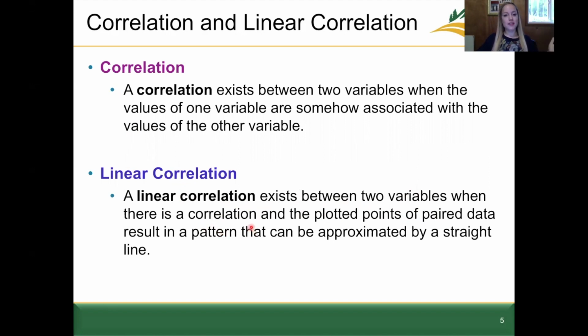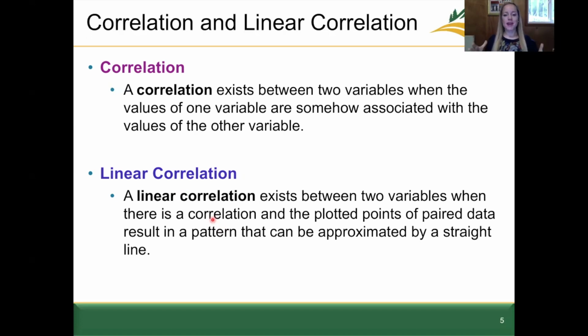So not only is there association between one variable and the other, but when they're plotted, those data actually resemble a straight line pattern. Now we'll practice taking a set of data, making a scatter plot from that data, and then interpreting, is there a correlation based on the visual appearance of our scatter plot.